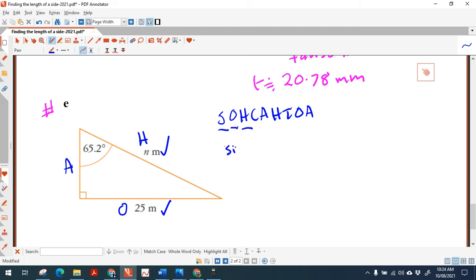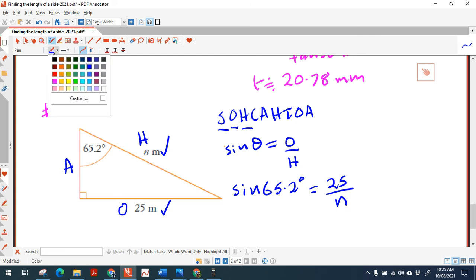So you're going to write down sine theta. You're going to write the formula down first. Equals opposite over hypotenuse. Now replace the pronumeral. So 65.2 degrees equals the opposite side, which is 25, over the hypotenuse, which is n. Now, notice the pronumeral is in the denominator.